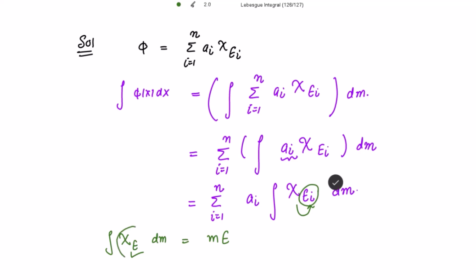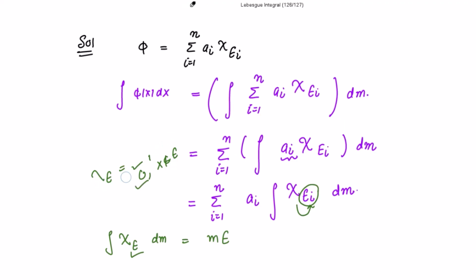What is chi e actually? What is the characteristic function? It is equal to 1 for x belonging to e and is equal to 0 for x not belonging to e, right? For all those x that belongs to e, this value is 1, otherwise it is 0, right?